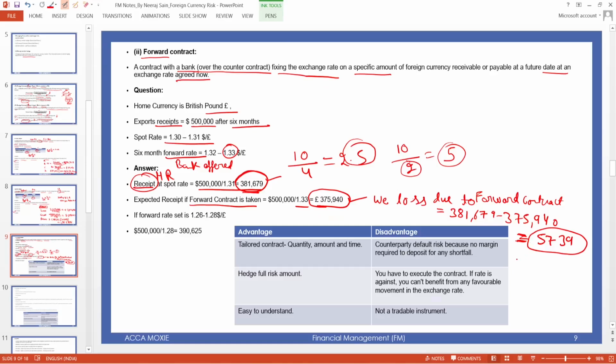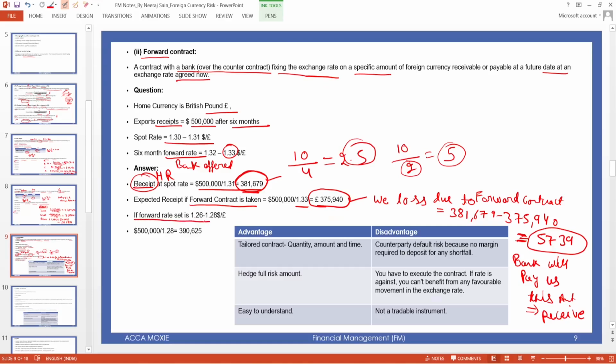So what will the bank do? The bank will pay us this amount. So we will receive this amount.